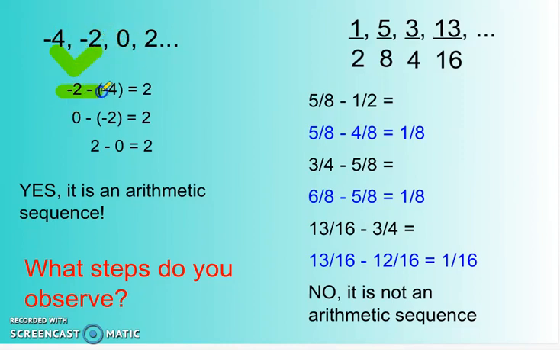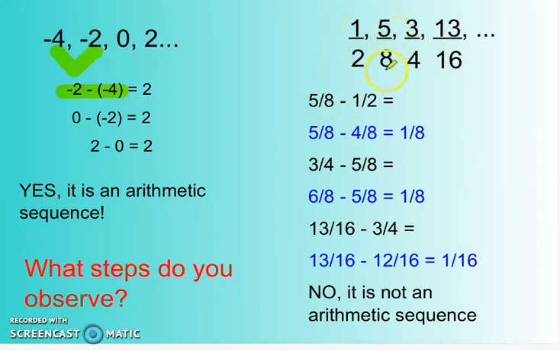So like -2 minus -4, and we get +2. That's what I notice even on this one as well. Notice the first term is being subtracted from the second term.